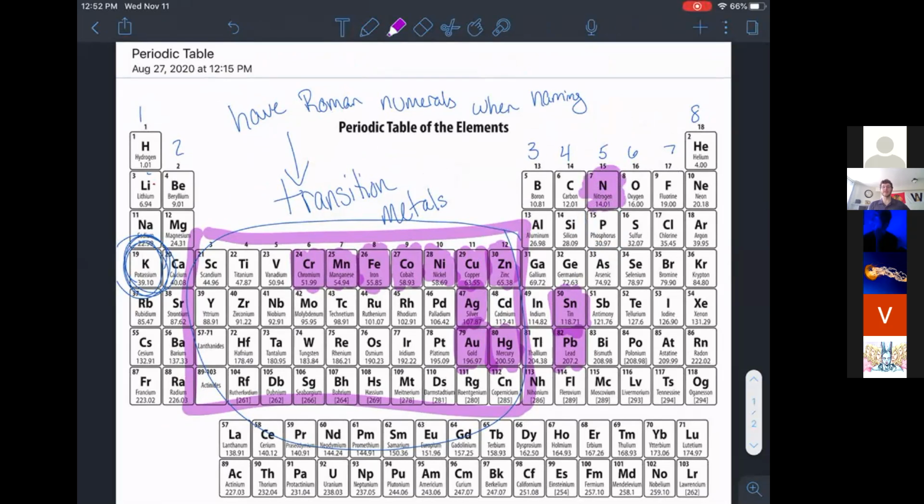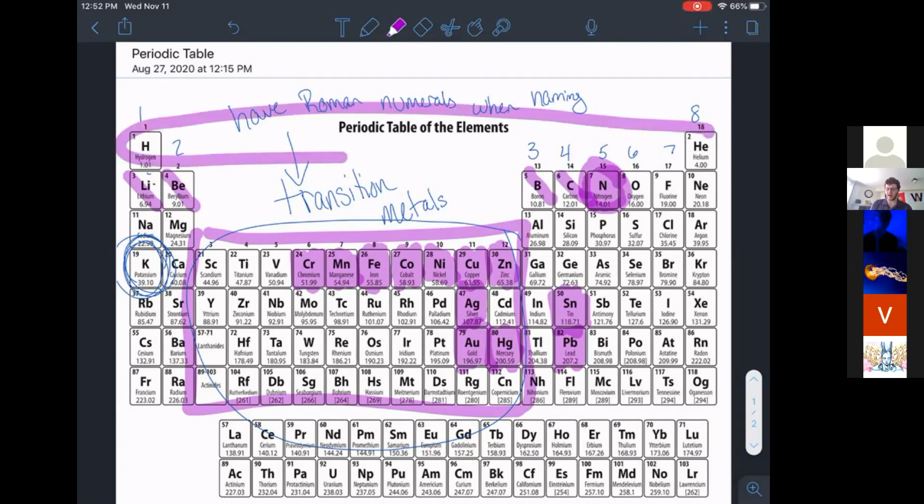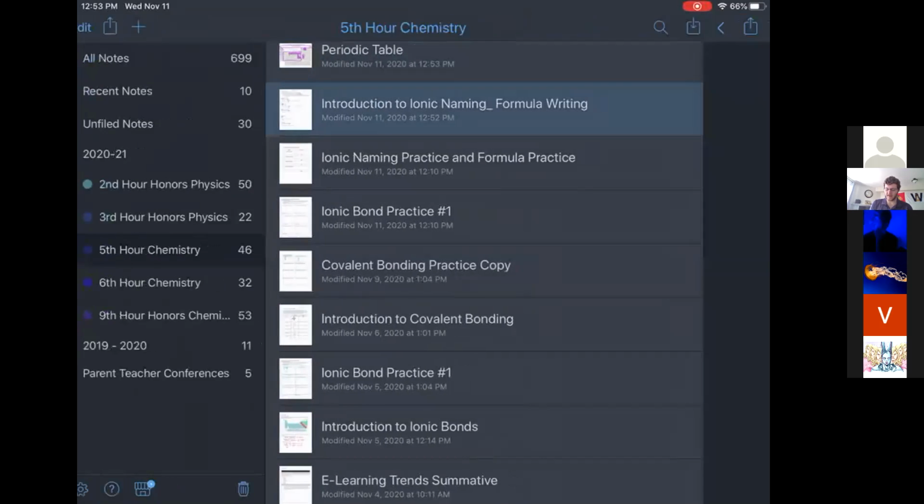So how many electrons does it have in its outermost orbital, that last row it's in? Not seven. We're getting close. 5. It has 5, because we count 1, 2, 3, 4, 5. We don't count the 2 from this row because that's a different energy level. So nitrogen has 5 valence electrons.